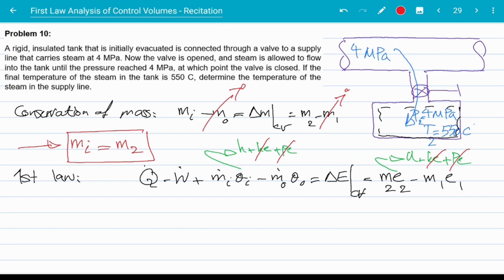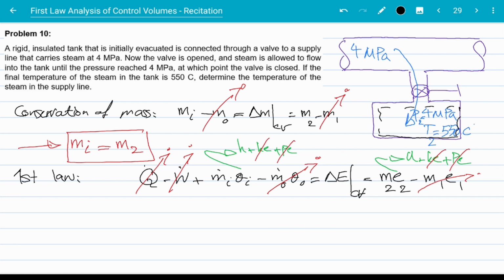The tank is insulated, so that means there is no Q involved. And during the process, there is no work involved either, so work can be dropped as well. Also, we know that no mass is exiting, so this term drops, and we also know that the tank was empty initially, so this term drops as well.